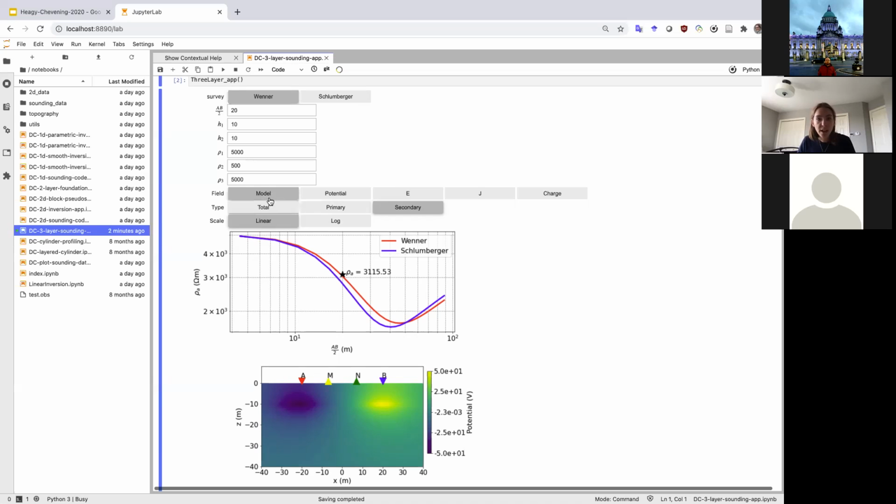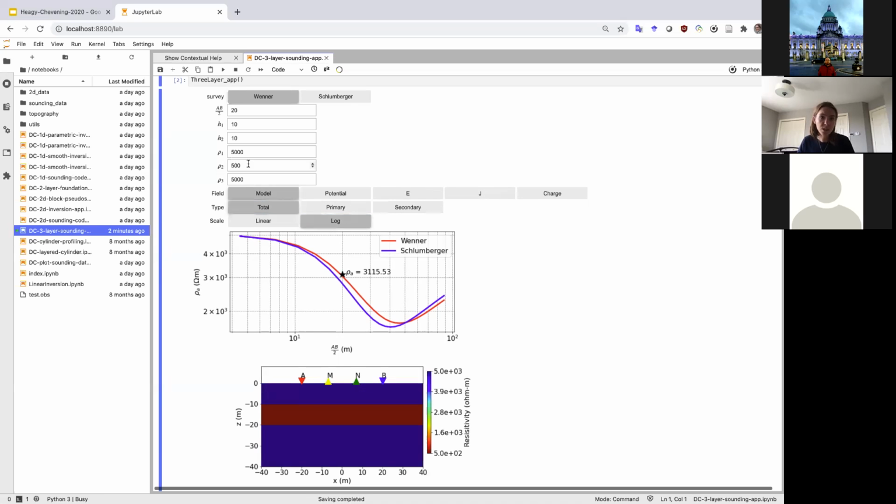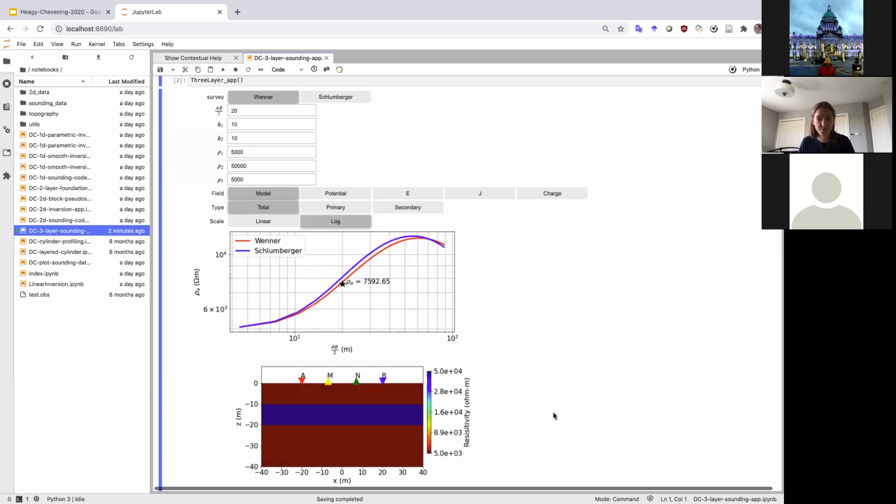Let's see what happens now if we have a more resistive layer. So let's make this much more resistive than the background. And now you can see our apparent resistivity has increased. It's now above the 5,000 of the background. Before I change over to the currents, think through what you might expect to see.